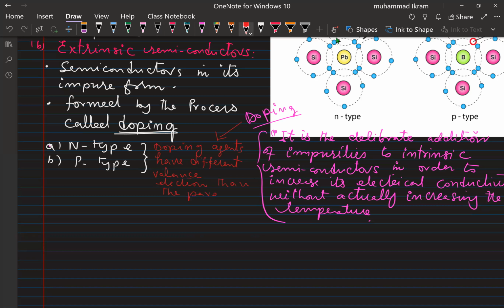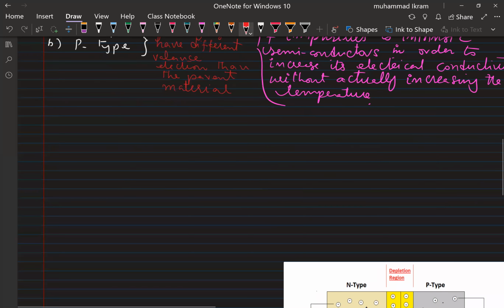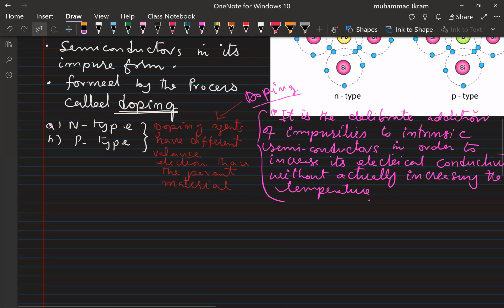The parent materials are the intrinsic semiconductor substances. So what are the N-type semiconductor substances? Let us explain the N-type first.